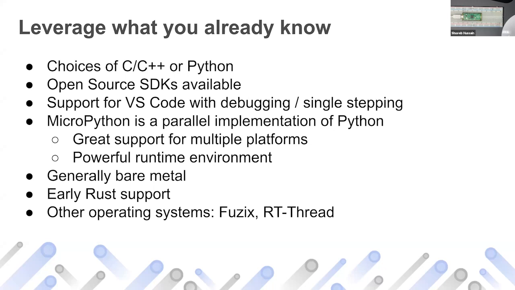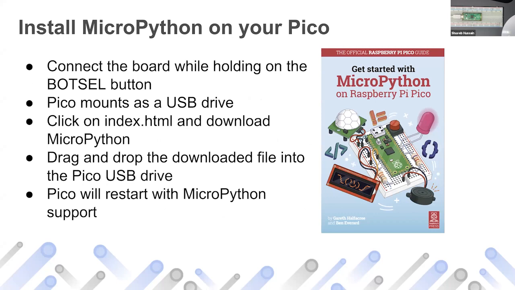And I said, generally, you use bare metal, right? You don't use an operating system at all. Your code is just directly running on the metal. And again, there's very early support for Rust as well. But then again, we also have support for some operating systems like Fusix and RT Thread. These are all open source operating systems which support the Raspberry Pi Pico, right?